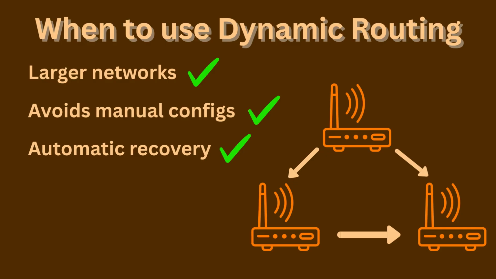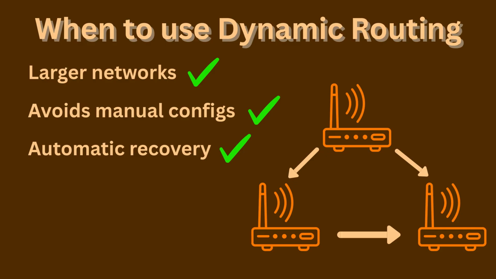So when should you use dynamic routing? Dynamic routing really shines in larger, more complex networks where managing static routes would take too much time and effort. One of the biggest advantages is automatic updates. The routers share information and update their routing tables on their own, so you don't have to constantly configure them manually.